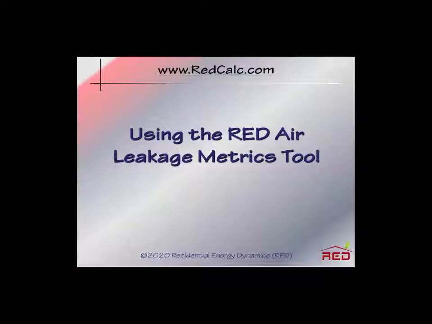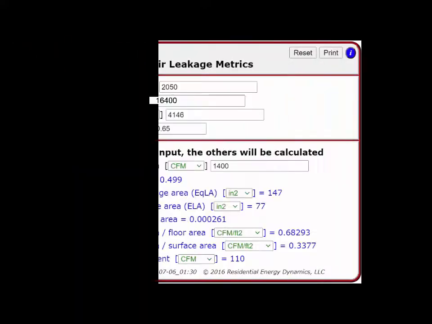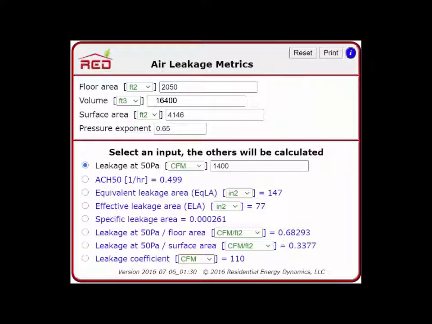Let's take a quick walk together through the air leakage metrics tool. This is both a REDCalc Free tool and a REDCalc Pro tool. We call this a solve all tool because you can solve for all of these results at the bottom by just entering one input in the bottom section of the tool and 2 or 3 in the top section.